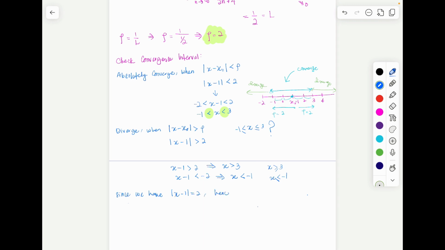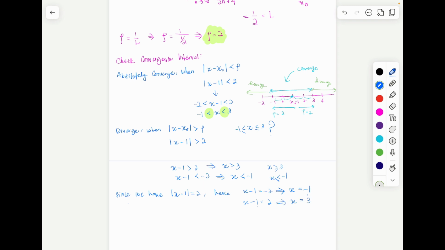we know that the 2 can be either positive or negative in order for us to remove the absolute value. So x minus 1 can be equal to negative 2, and also x minus 1 can be equal to 2. For this case, we would get x equals negative 2 plus 1, which is negative 1, and then this one is x equals 3.